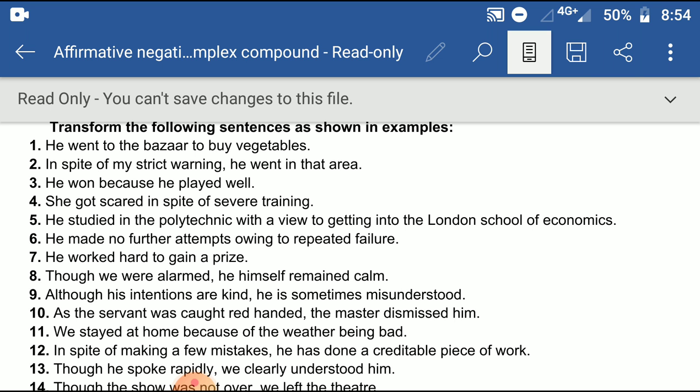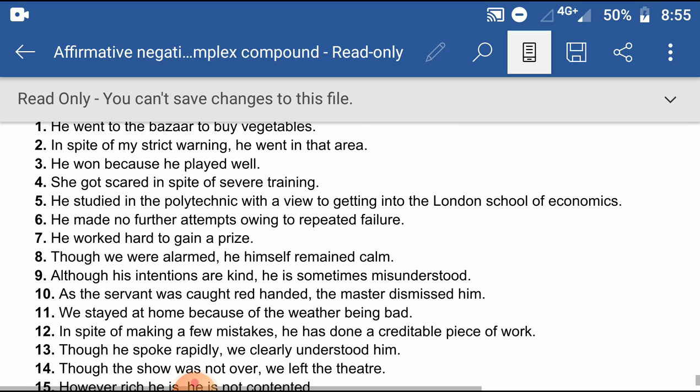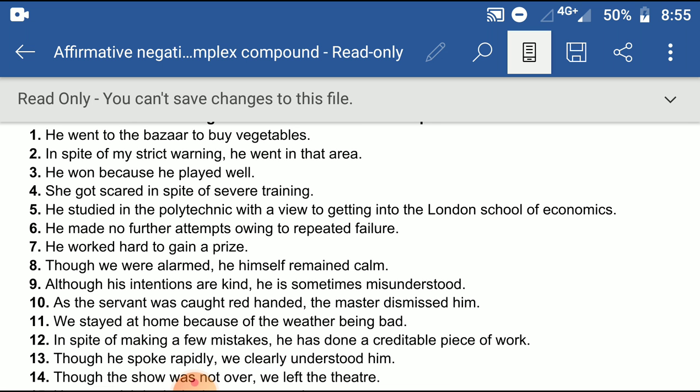Strictly, we begin with an adverb plus as: strictly as, then the subject I, and want. Strictly as I want, comma, he went in that area. Likewise, when we change it into a compound sentence, we have to use but, yet or still: I, subject, want, verb, strictly, but, yet, still he went in that area.